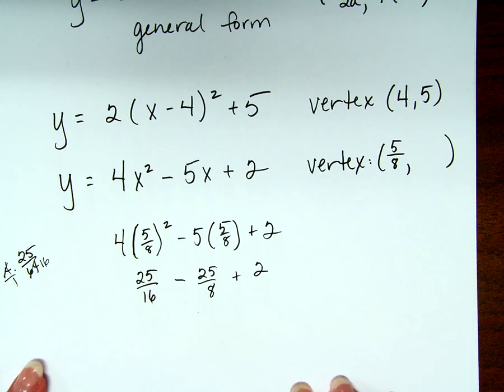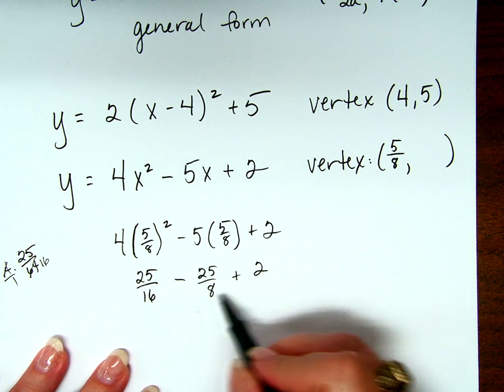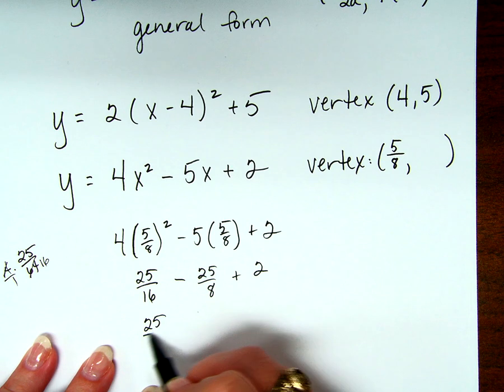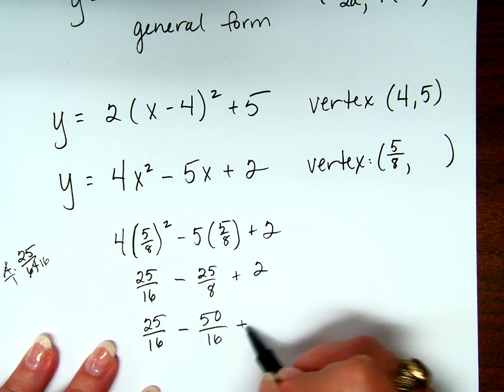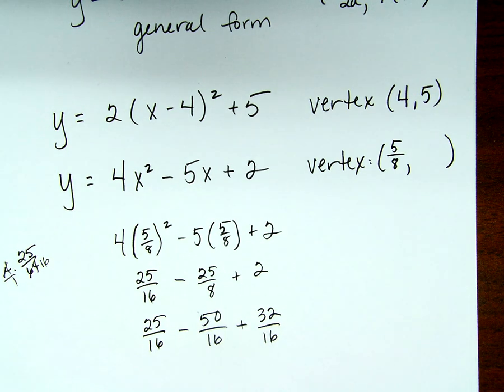What do I need in order to add or subtract fractions? Common denominator. What would be the common denominator between these three terms right here? Correct, 16. 25 over 16 minus 50 over 16 plus 32 over 16.